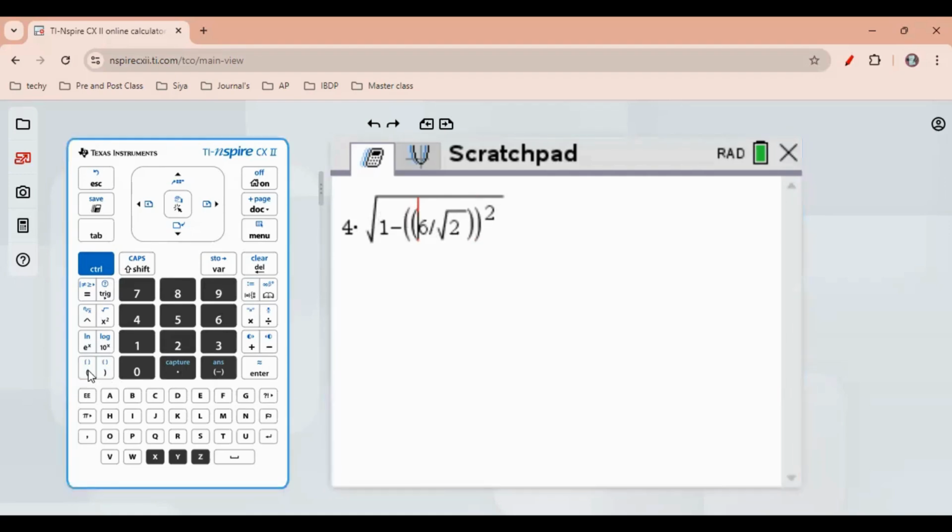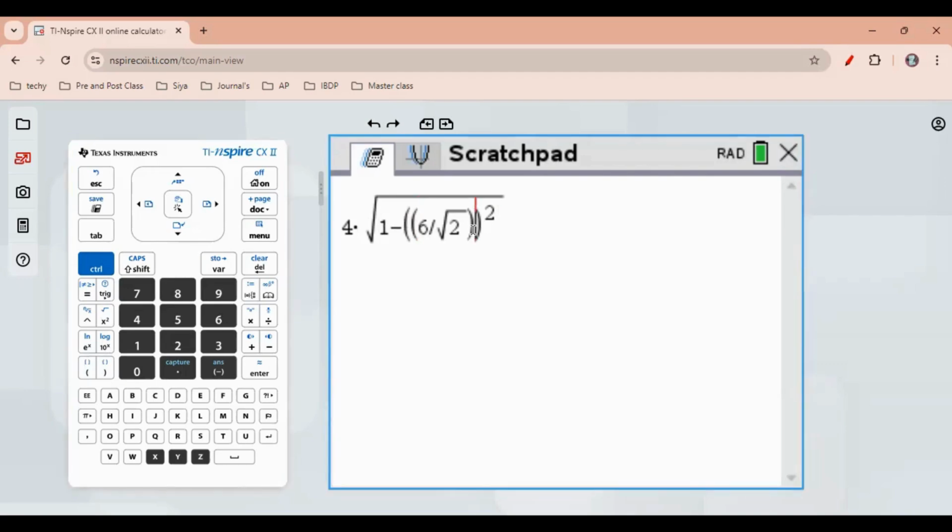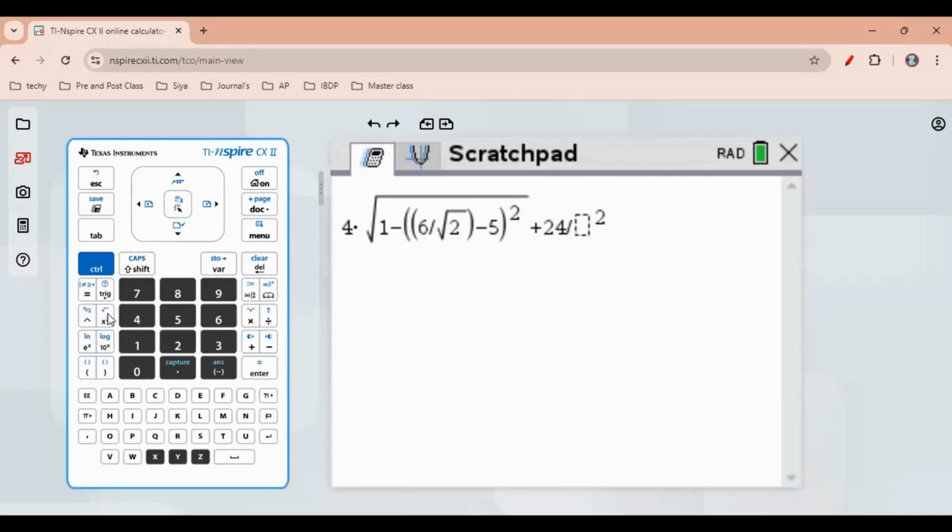Use the parentheses: 6 by root 2, then minus 5, whole square, and get out of that, and plus 24 divided by root 2.